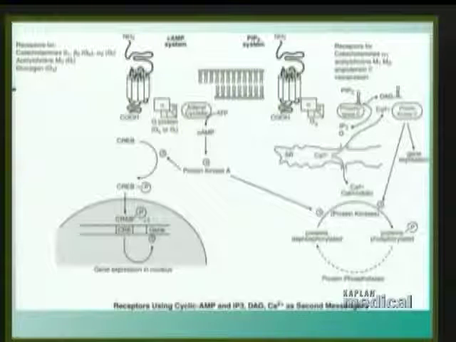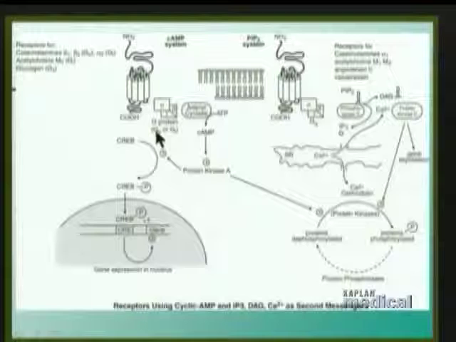If the drug is construed as the first messenger, then cyclic AMP levels will become the second messenger in the response system, in the signal transduction system in that cell. Now, G protein wise, there are 2 types of G proteins in the cyclic AMP system, GS or GI.